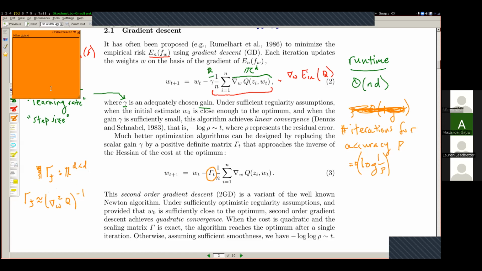That's what they're saying: when the cost is quadratic in the scaling matrix, gamma is exact. So gamma t approaches the inverse of the Hessian. Gamma t is the inverse of the Hessian matrix right here. When that is exactly equal, that's an exact version of second order gradient descent.